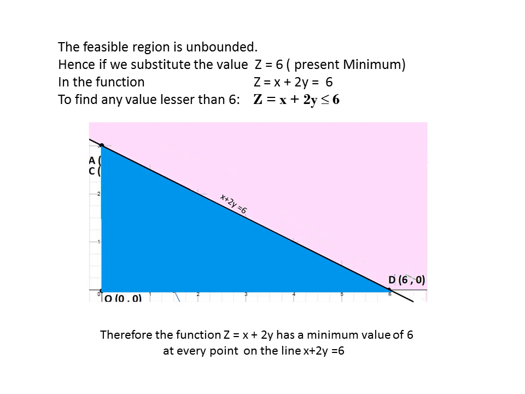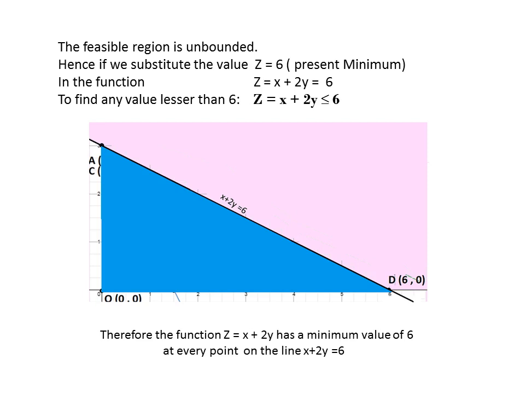Now we find that except for the line x plus 2y equal to 6, which is the coinciding line between blue and pink, there is no other intersecting area. From this we can conclude that x plus 2y equal to 6 is the line which gives us the minimum value. Throughout the line the value of the function remains 6.